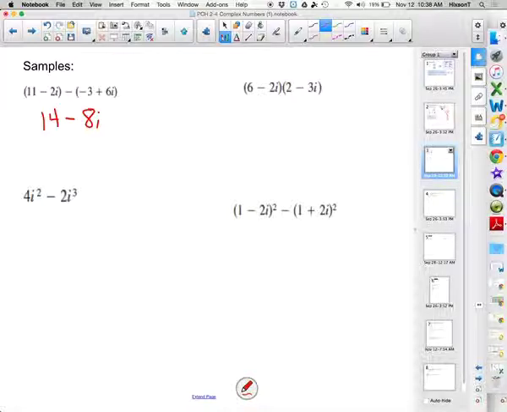If I'm multiplying two complex numbers together, what do I have to do? I've got to FOIL. I've got a 12 minus 18i minus 4i plus 6i squared. Now, here's where the difference is. I've treated it like a variable up to this point, but what am I going to do here as I go to get my final answer?